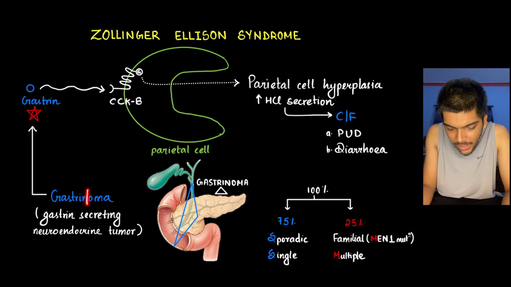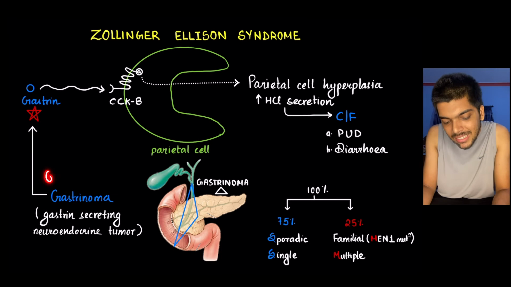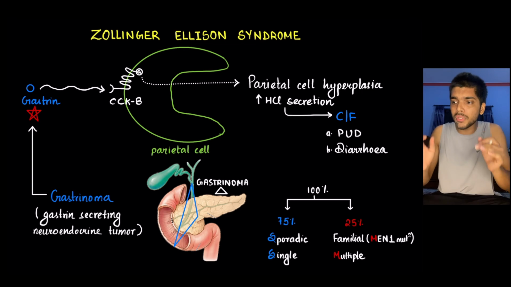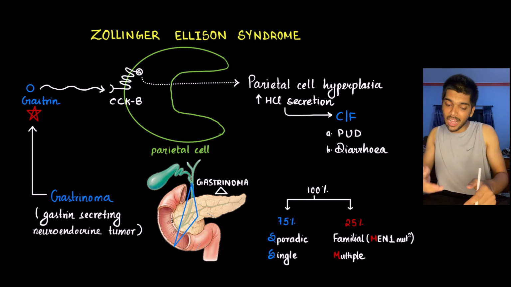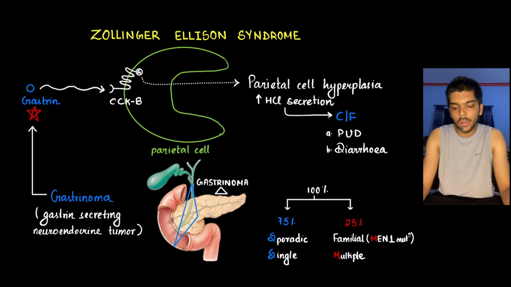See, at the end of the name, there is oma. However, it is a misnomer. That is, gastrinoma is not necessarily benign. 60 to 90% of gastrinoma, they are actually malignant. If you see gastrinoma, it is most likely gonna be malignant. So simply, gastrinoma is malignant. However, at the end, there is oma. So it's a misnomer. All right.